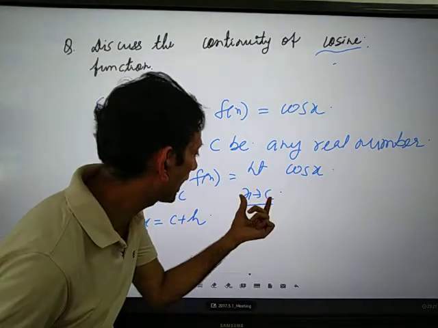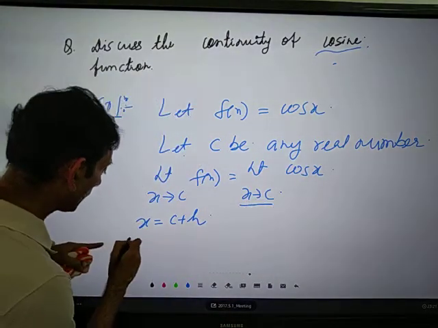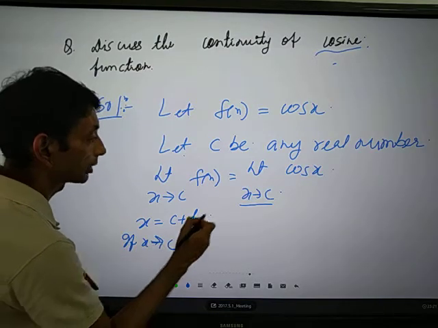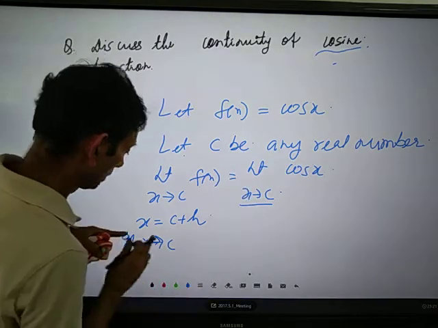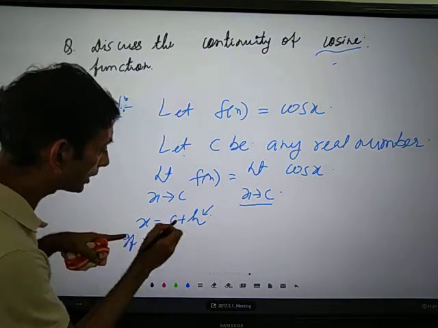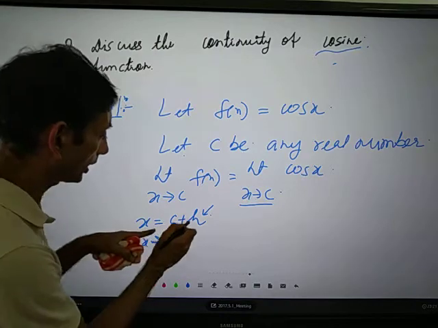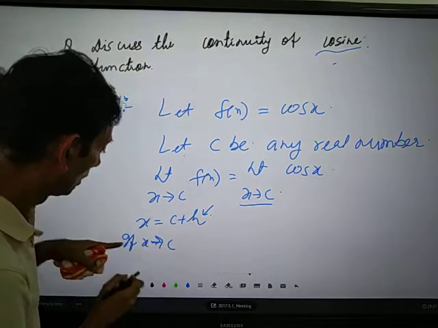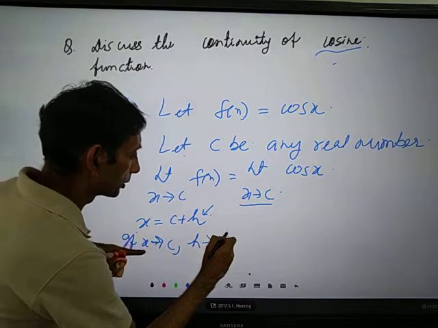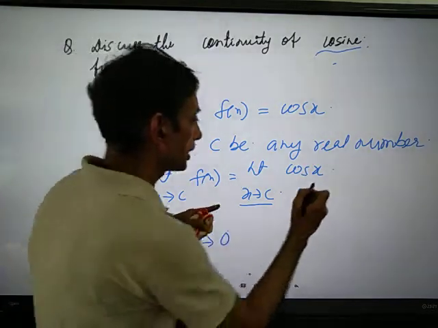We'll substitute x equal to c plus h. Because we are introducing a new term h, we need to know the limit of h. If x approaches c, then h approaches 0.